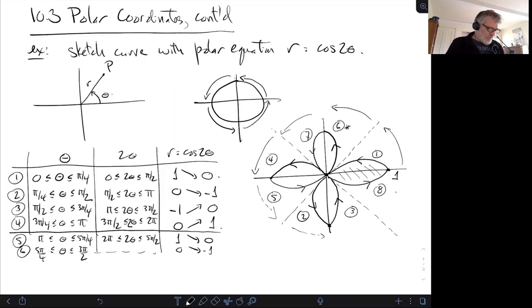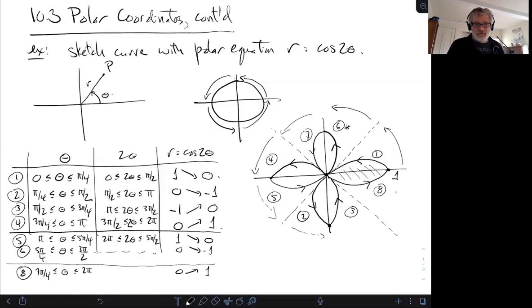If I want to describe the region which is over here, I have to check what the angles are. So I'm just going to add this eighth part here, which should be 7 pi over 4 to 8 pi over 4, which is 2 pi. And we see here that we'd be going from 0 to 1.